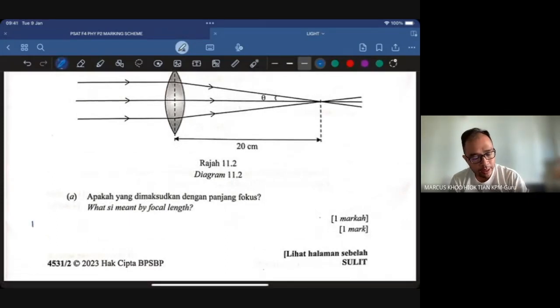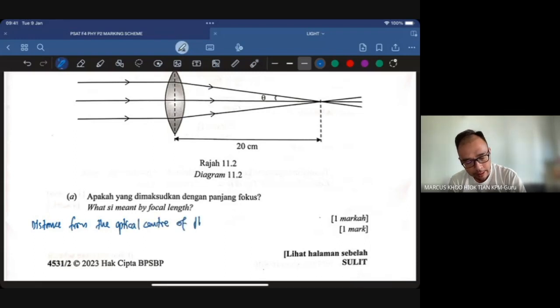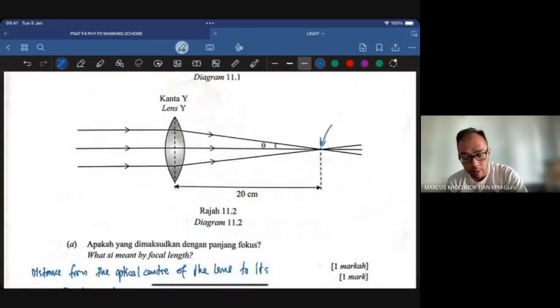Focal length is the distance from the optical center of the lens to its focal point. This is the focal point, the point where the light focuses.